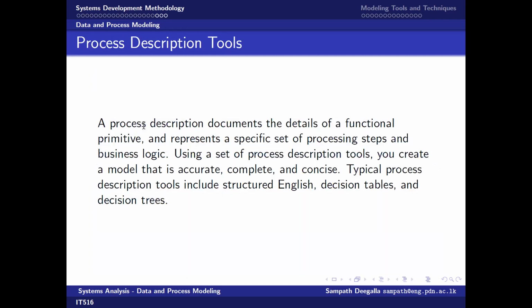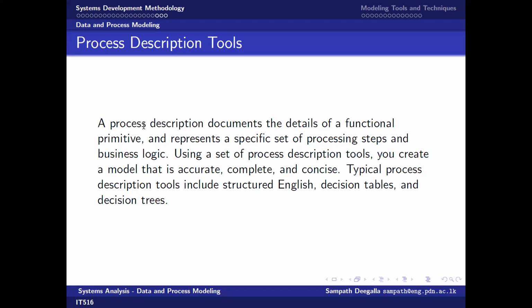Right. And the next part would be the process description tools. In the previous one, we captured processes and data flows. But if you want to know exactly how the process happens, there will be a logic, which we call business logic, within the process. If you want to capture that, we have to use different process description tools.